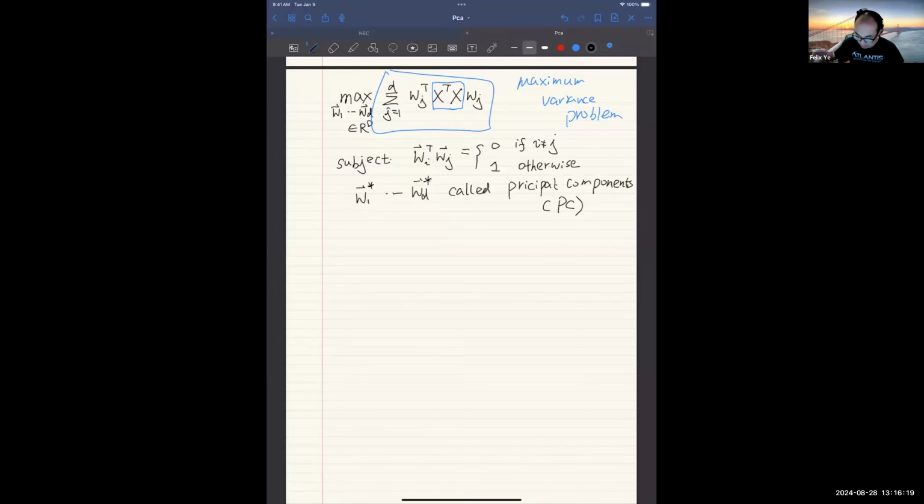And obviously, this is a very hard problem. This is a quadratic objective with this orthonormal constraint.